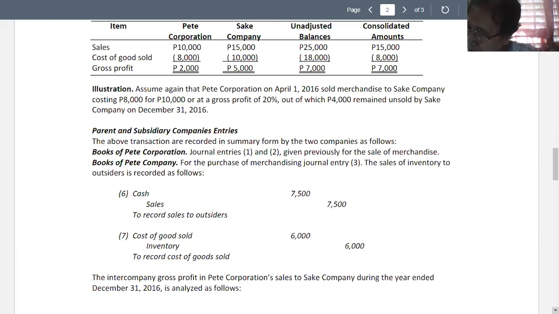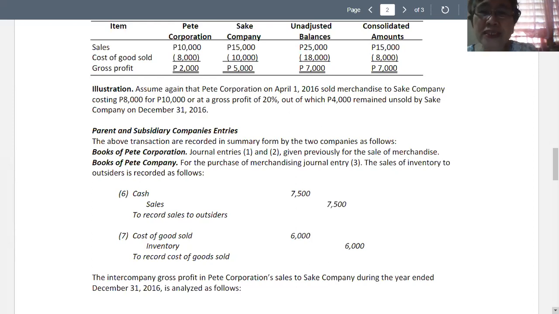Now, in the books of Sake, for the purchase of merchandise, you have now your journal entry. So, based on the previous entries of Sake, debit to inventory for 10,000, that's entry number 3, and to credit cash for 10,000.